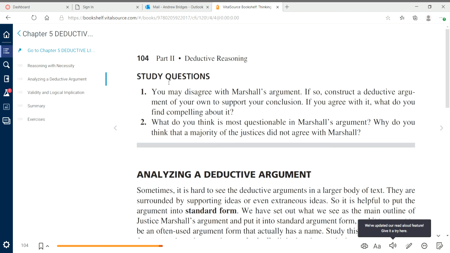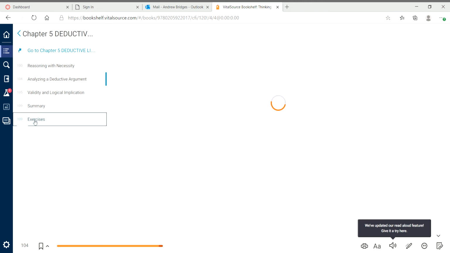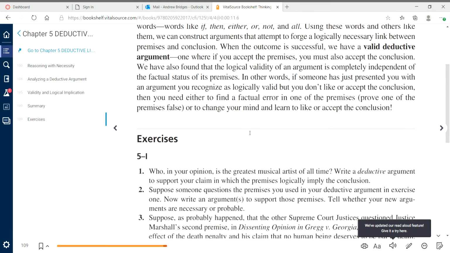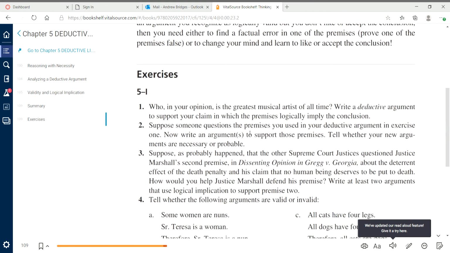Then some of the exercise questions, we won't go over all of them. Choose the one exercise question that you want to answer. So for question 1, who in your opinion is the greatest musical artist of all time?